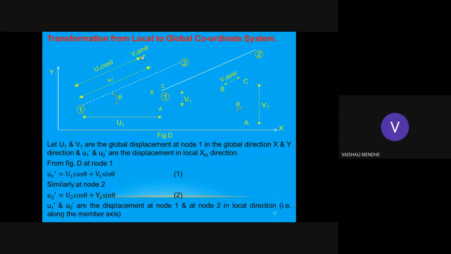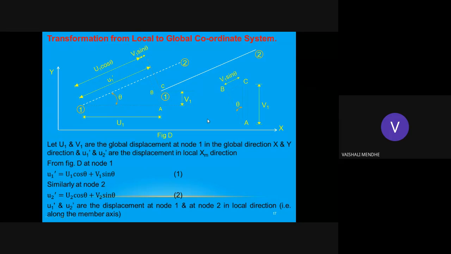If you consider this bigger triangle, this angle is theta, and this is u1, the horizontal distance. From this point to this point, you will get the distance u1 cos theta, if you consider the cos of the angle. From node 1, from A to B, this dotted line you can see, this is u1 cos theta, and from this geometry, this is v1 sine theta.